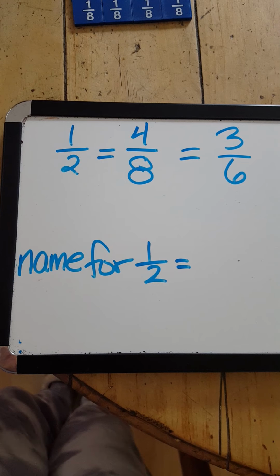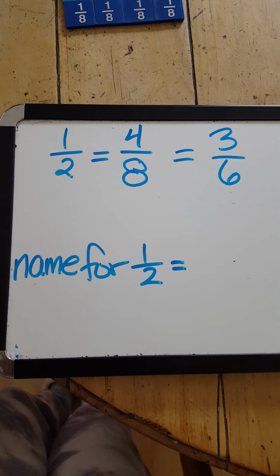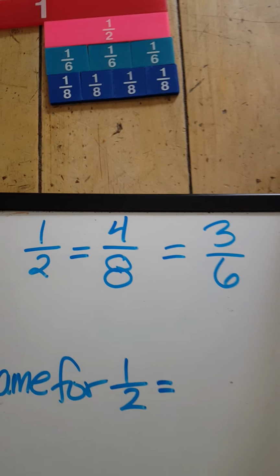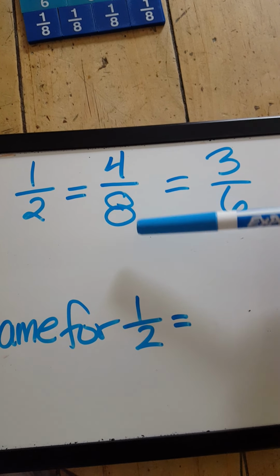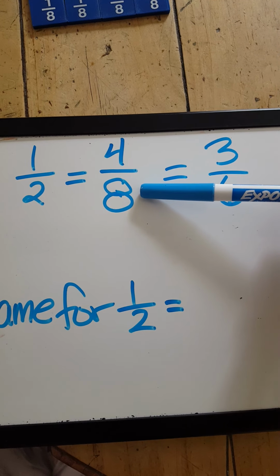So looking at these 3, we can see that we can use the number 2 here on 4/8. 2 goes into 4 and 2 goes into 8. So we know this is not the simplest form.